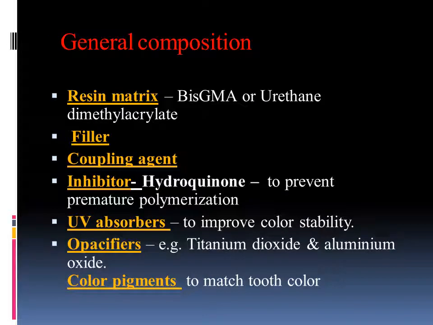Let's look at the general composition. The general composition is what you are always asked to write in your exam, and that is why you should mention all the components. So as we mentioned, the resin matrix with BIS-GMA or urethane dimethacrylate, then fillers, then the coupling agent, then the inhibitor, which is hydroquinone.